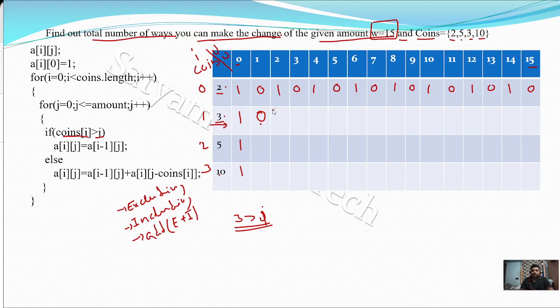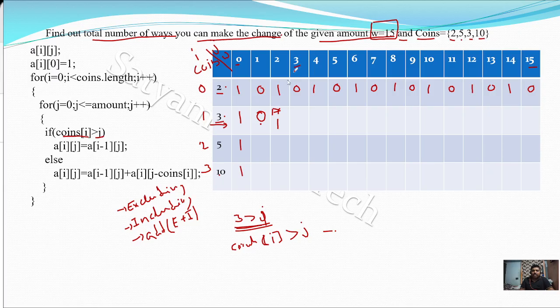Here it is one way. Plus if you include 3, it cannot make 2 rupees by using the 3 rupee coin, so that value is 1. So like that, if the coin value of i is greater than j, then you copy the same value from the above row, up to this one.